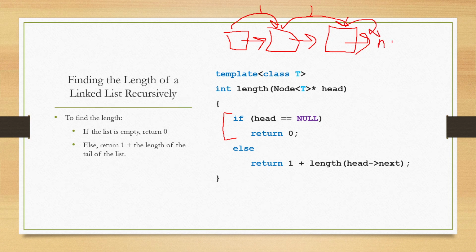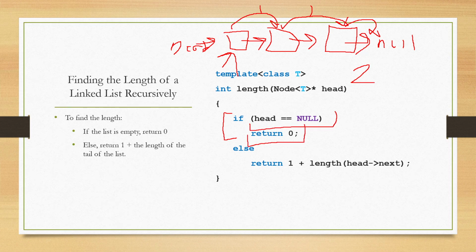Oh, I have a null here. Also, there's our head. So the size of this is going to be 2. You might be asking, why not 3? Well, that's the head. So as it says here, head equals null, it returns 0. The head does not count as it doesn't contain any data.